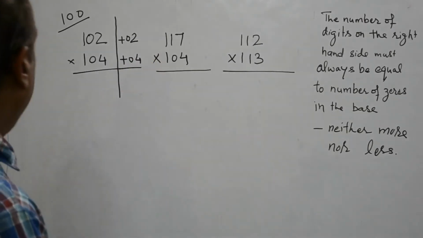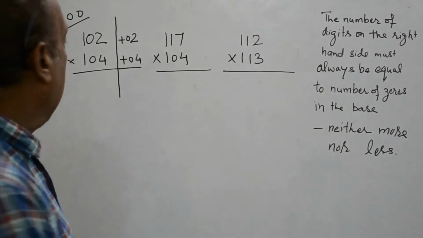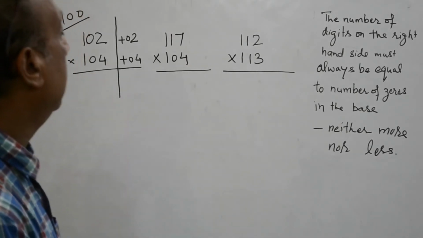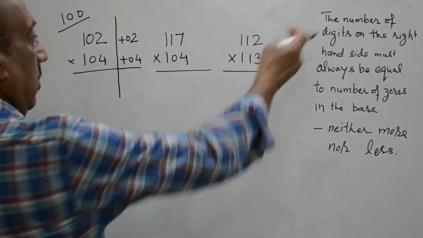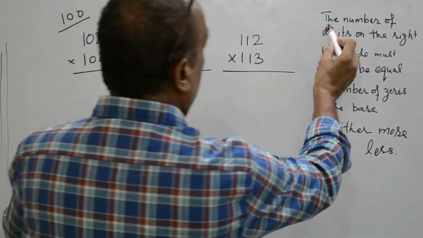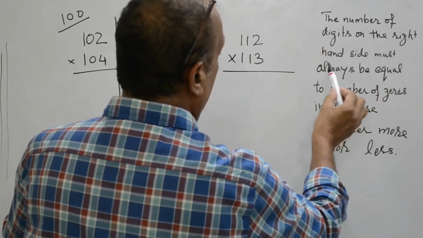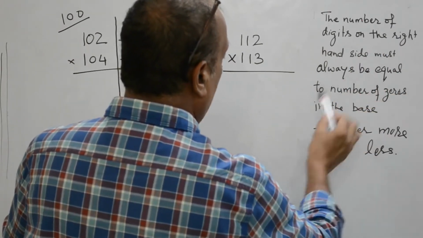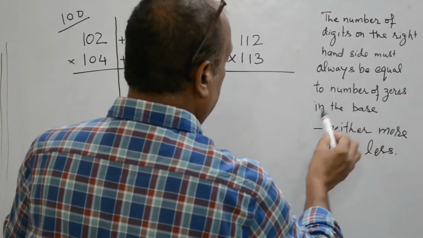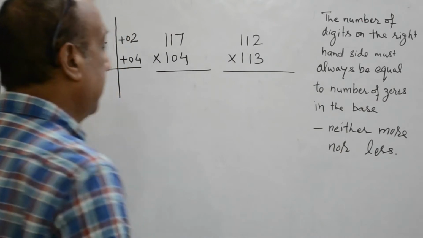Whenever we want to find out the product of the numbers with the help of Vedic mathematics, we have to follow this rule. This rule says the number of digits on the right hand side must always be equal to the number of zeros in the base, neither more nor less.